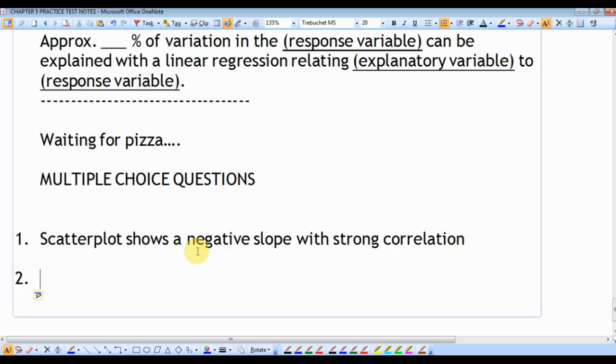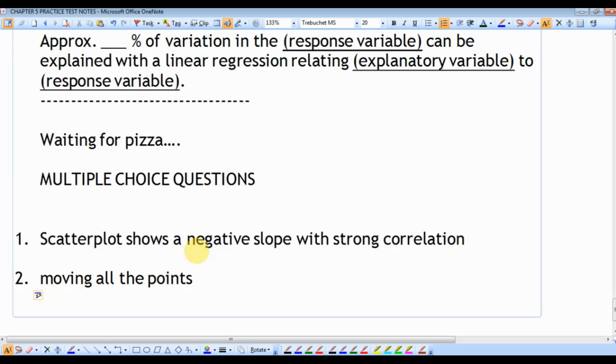Number 2, set from the scatter plot: if each x value was decreased, what would happen to correlation R? And the idea here is that we're moving all the points to the left, decreasing by one.